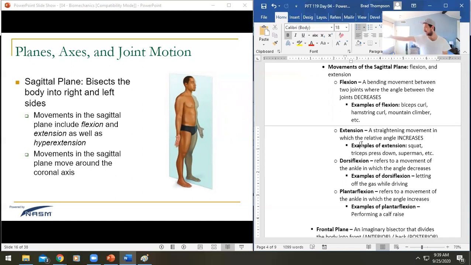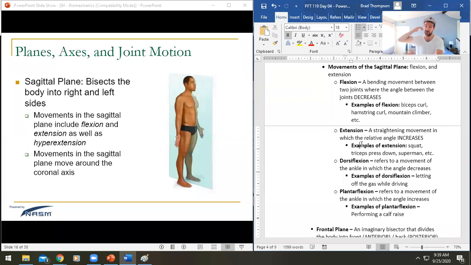I can't show it very much because I don't have a ton of space, but you ever see somebody who's quote unquote double jointed, and their elbow comes down here, like, good God? That is hyperextension of their elbow. If I really try to straighten mine out as much as I can, that's about as close to hyperextension as I can get.